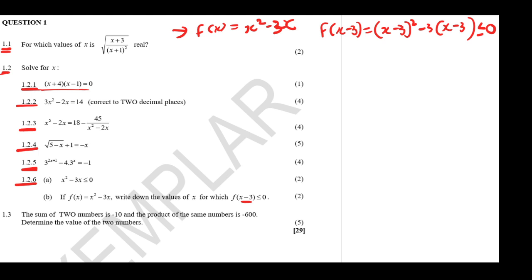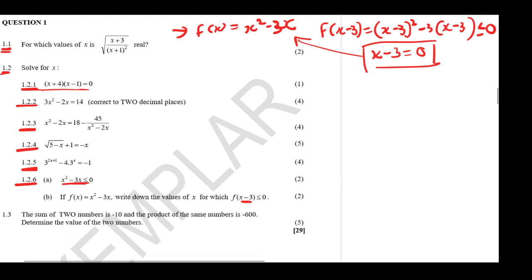So we need to identify the values of x when that happens. So what do we do here? It's simple. What was the shift here? It's x minus 3 equals 0. That is the difference between this and the previous problem that we did. That's the shift.